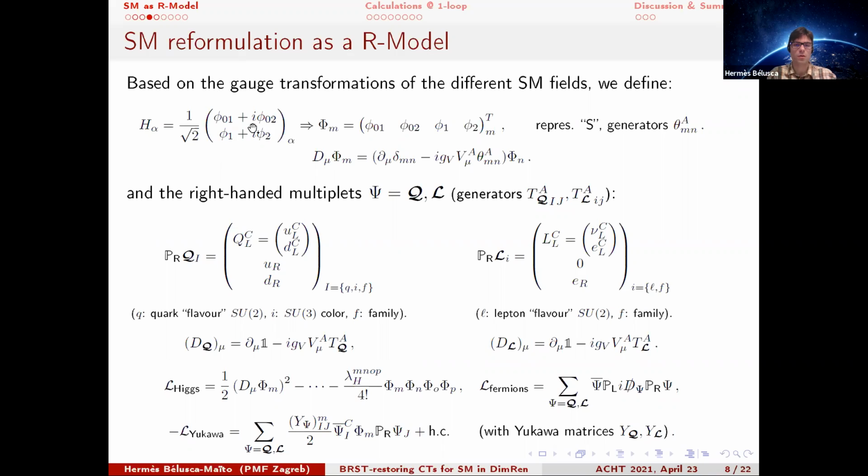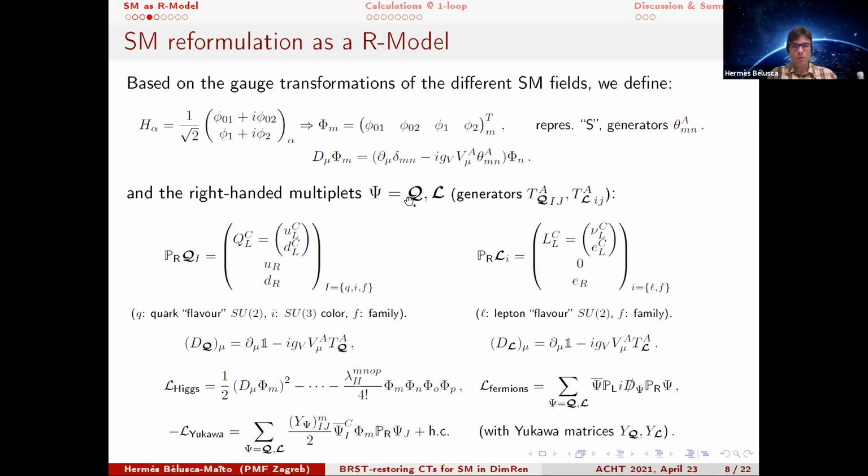It is possible because by taking separately the components of the Higgs doublet, we can reorganize them into a real scalar column vector, if you want. Then from its representation here, this gives us a corresponding real scalar representation, that I denote by S, and the corresponding group generators are theta.